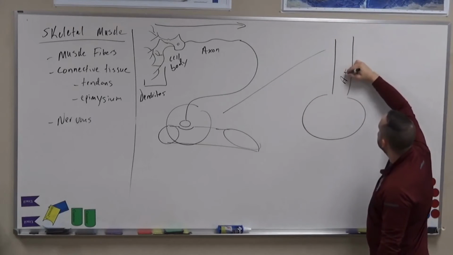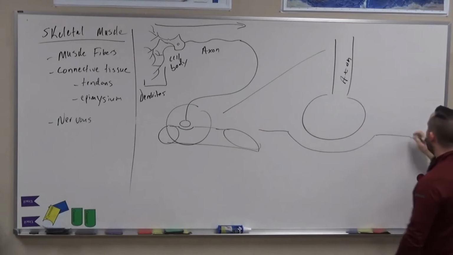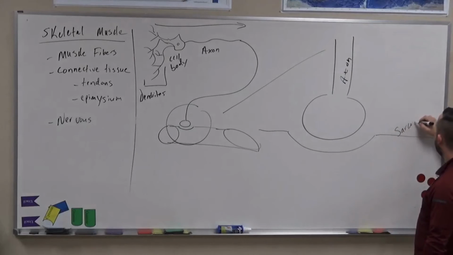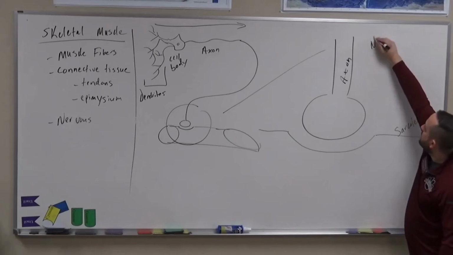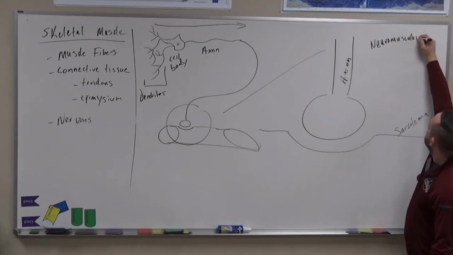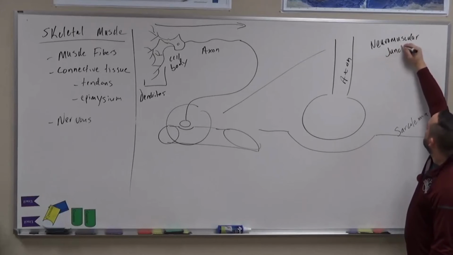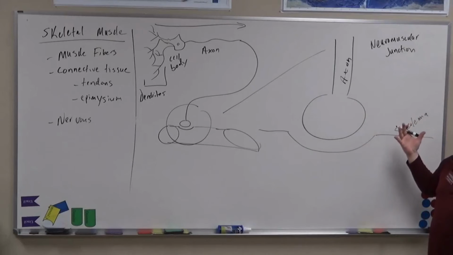Okay, so this is my axon, and this is my sarcolemma. So we're talking about a neuromuscular junction here. And that is where your nerves and your muscles connect.